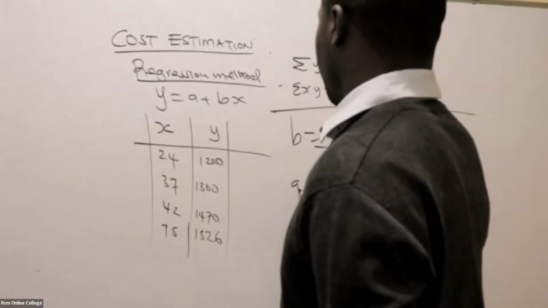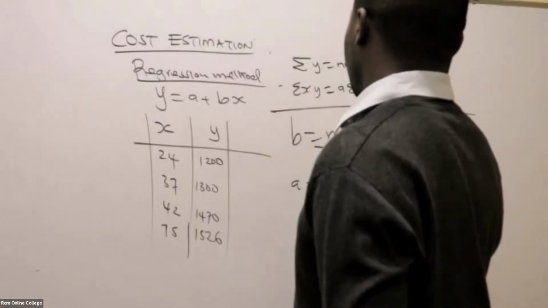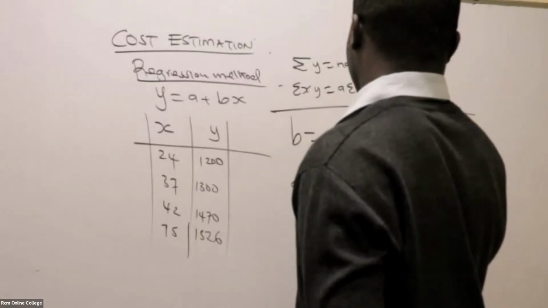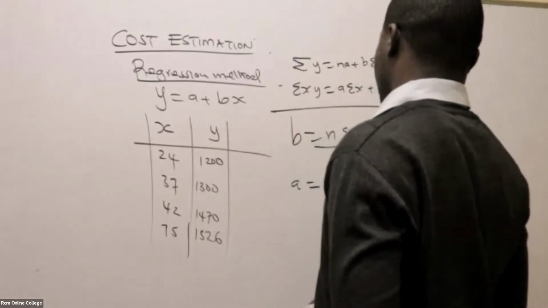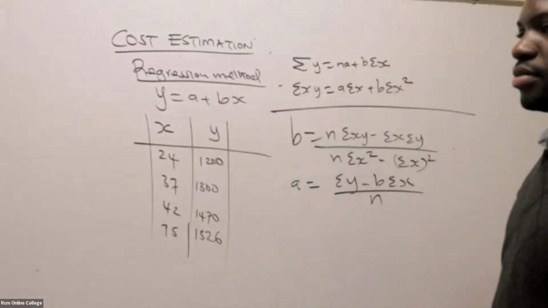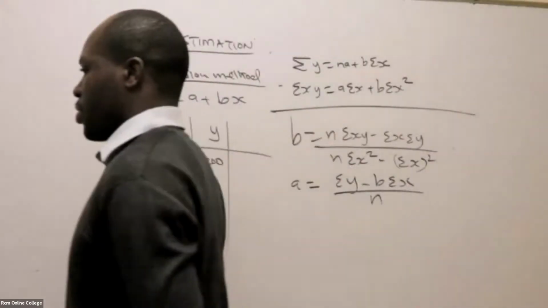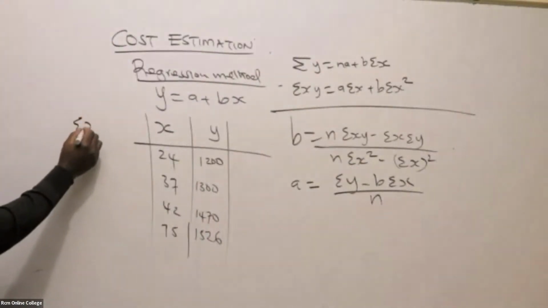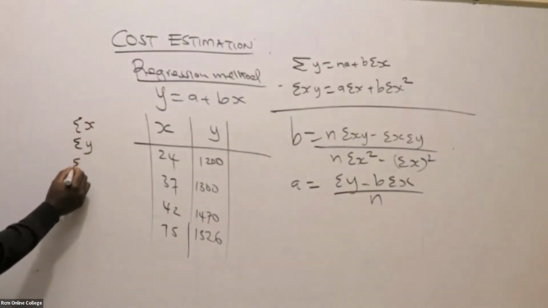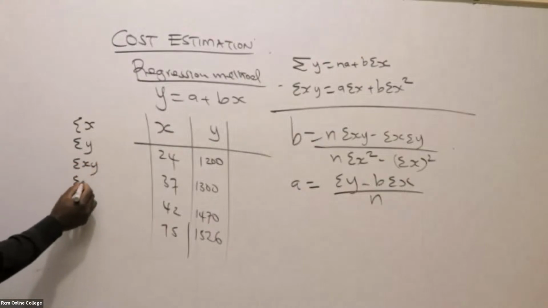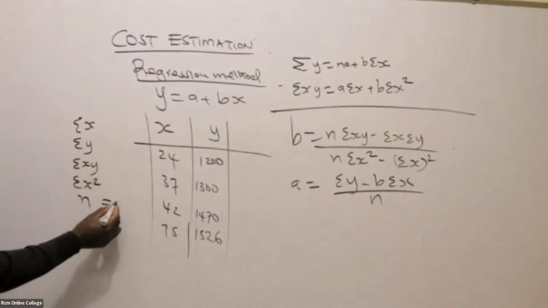Then getting the value of a is equal to summation of y minus b summation of x, everything divided by n. So it means you must be having summation of x, summation of y, summation of xy, summation of x squared, and of course you must be having n somewhere.